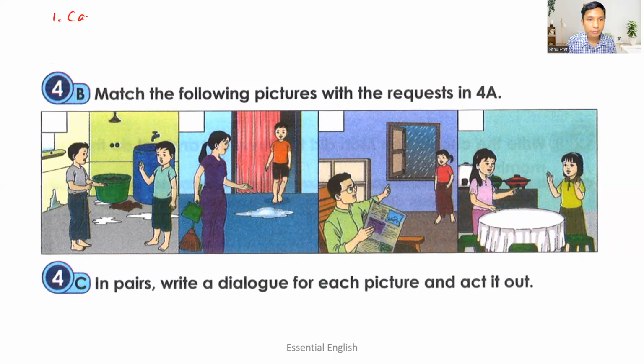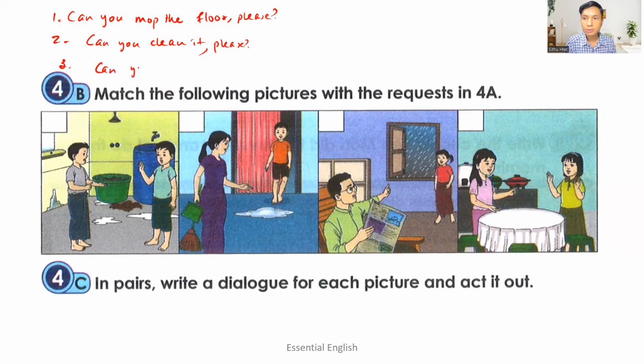Okay, I will write the requests down. The first one is, can you mop the floor, please? And the second request is, can you clean it, please? And the third one is, can you set the table, please?